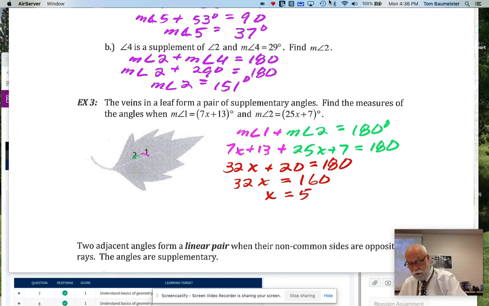Again, that's not what we're trying to find. We're trying to find the measures of angle 1 and angle 2. So the measure of angle 1 is equal to 7 times 5, because x is equal to 5, plus 13. And if we work that out, we'll get 48 degrees.